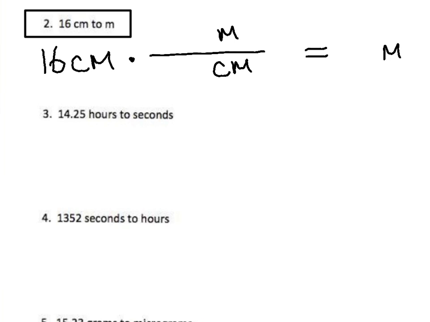That's really important to remember. And then we can start putting in the values. So we know that 1 meter equals 100 centimeters. When we solve the problem, we're going to cancel out the centimeters, and we will have 16 times 1 meter divided by 100 to give us 0.16 meters. Done.